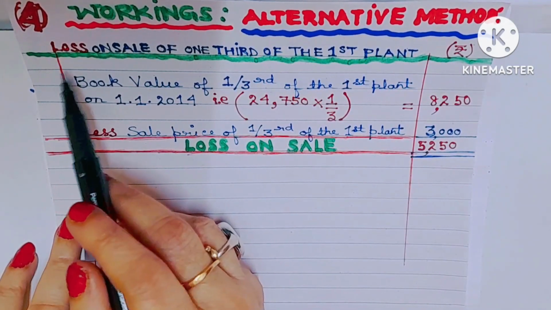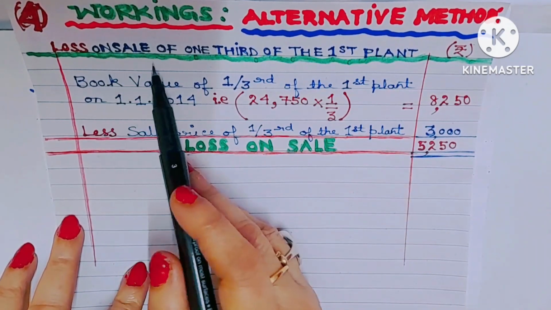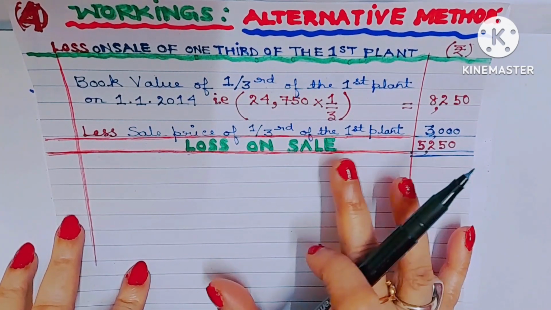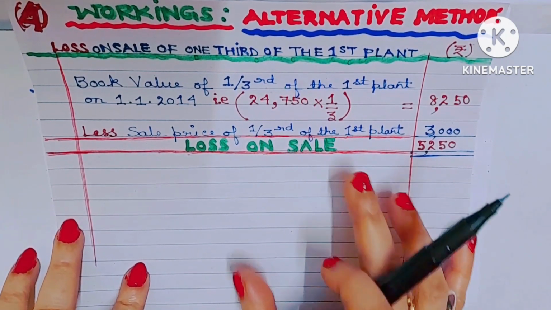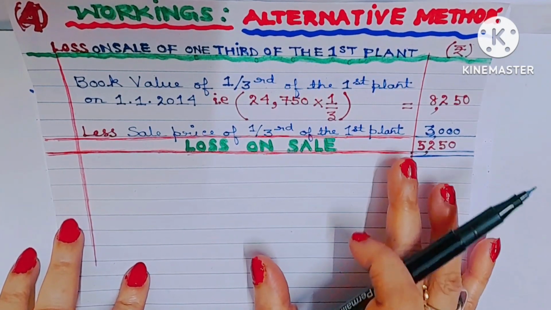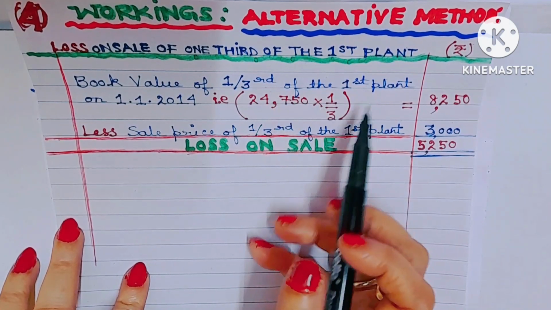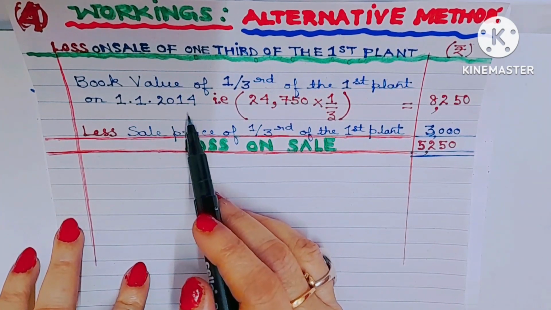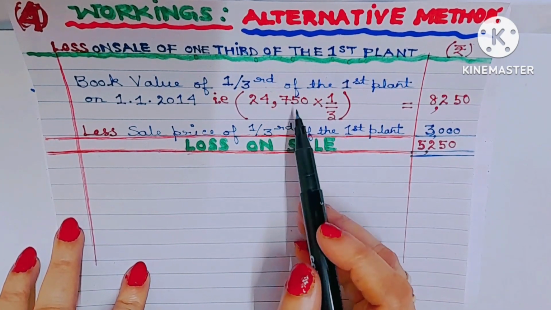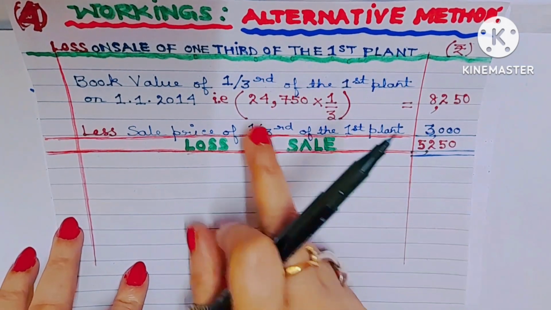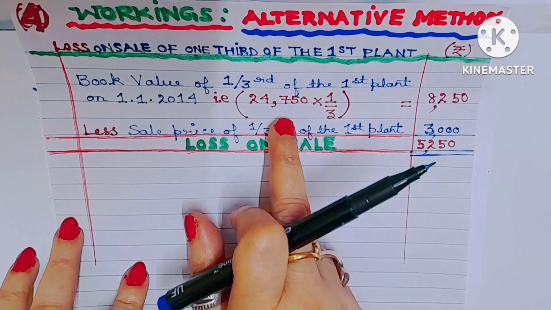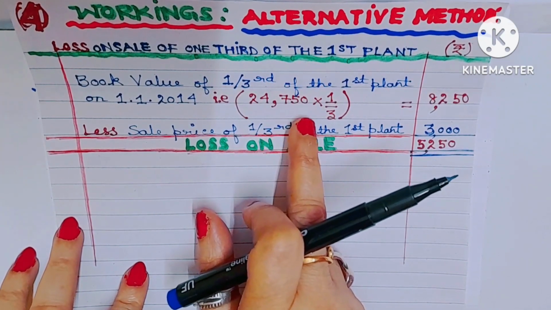So workings, alternative method number 4. This is the alternative method for loss on sale of 1/3 of the first plant. Since we don't know the book value of 1/3 of the first plant, we have to find it out. Book value of 1/3 of the first plant on 1st January 2014 is 24,750 into 1/3 is equal to 8,250. What is this 24,750? This is the total book value of the first plant.